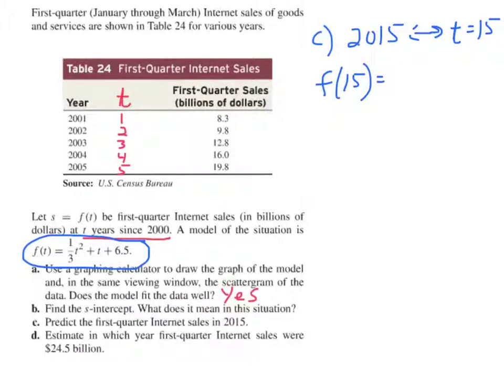So we'd have 1/3 times 15 squared plus 15 plus 6.5. And I just plugged that into my calculator, and it came out to be 96.5. So it would be $96.5 billion.